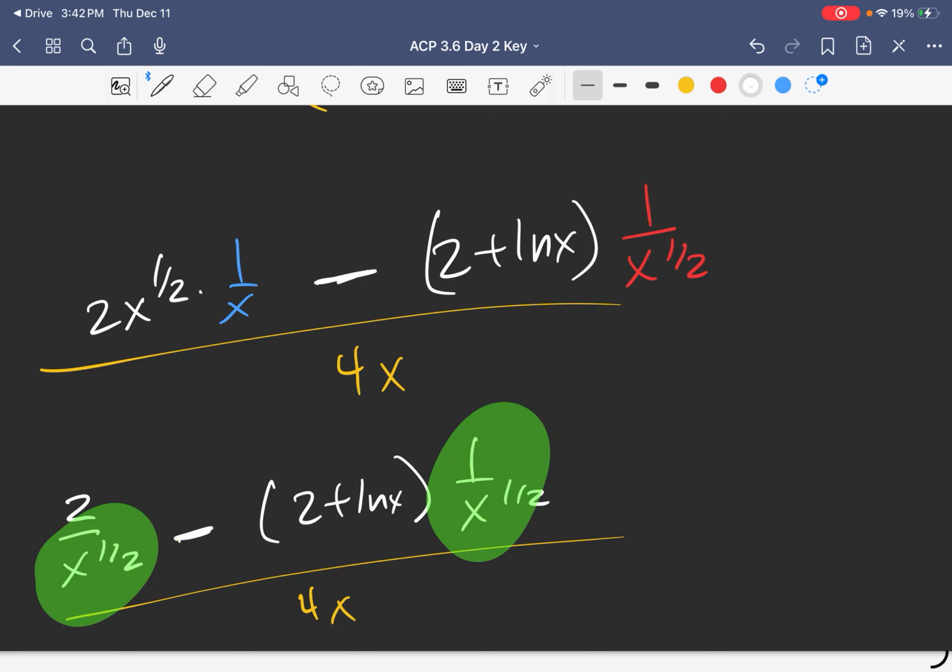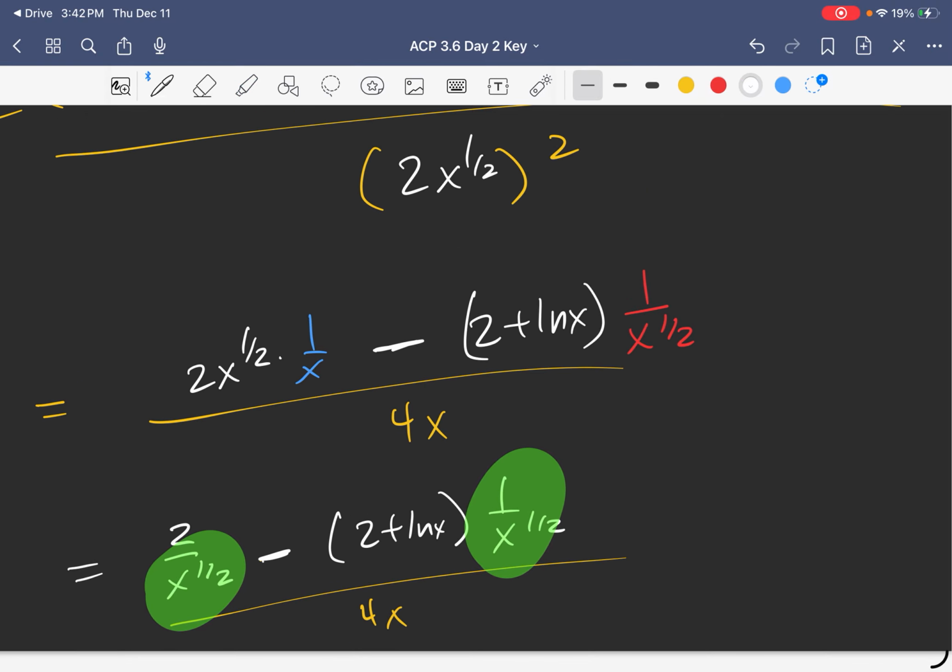Well, do you see that in both terms, I have a 1 over x to the 1/2? So I think I could put that x to the 1/2 in the bottom, or let me just factor it out if that makes you happier. So I factor it out. What you have left is 2 minus 2 plus ln x, right?